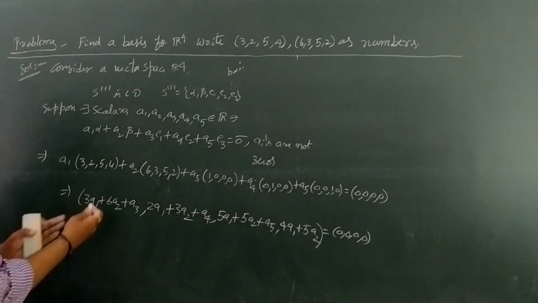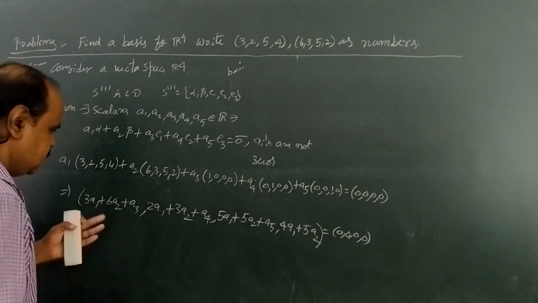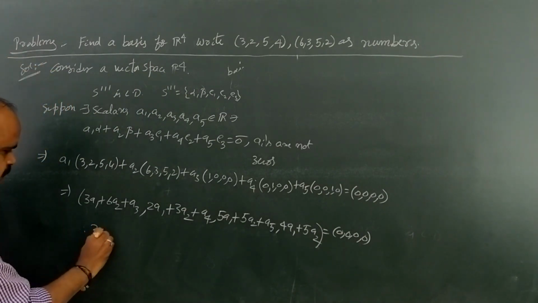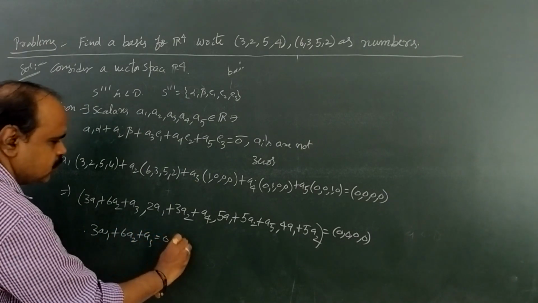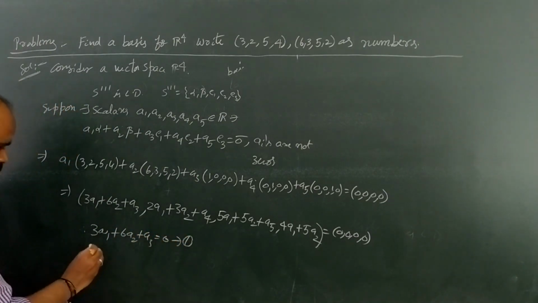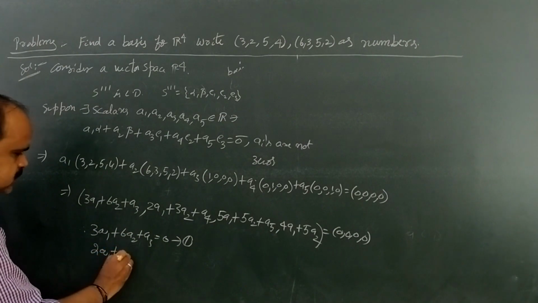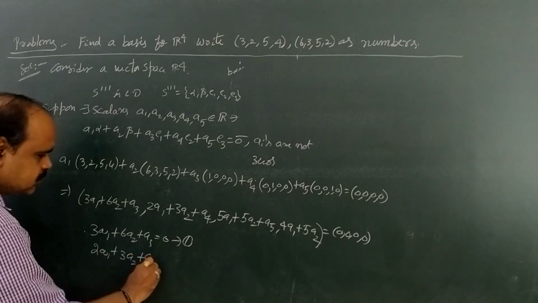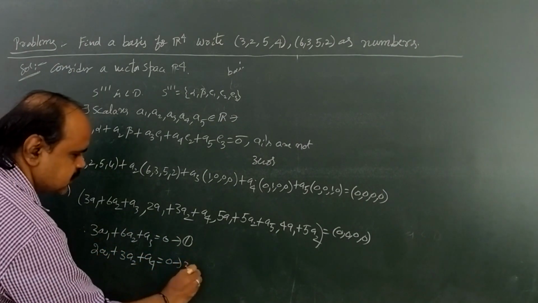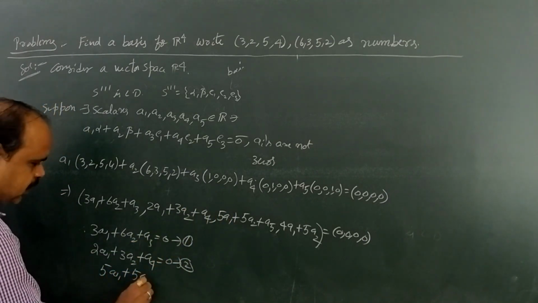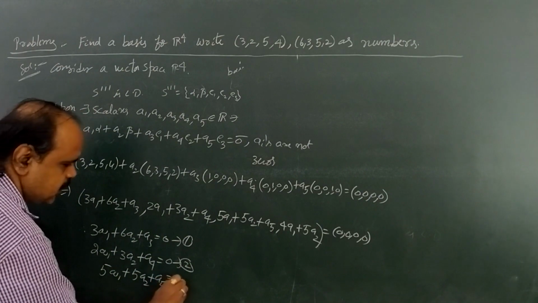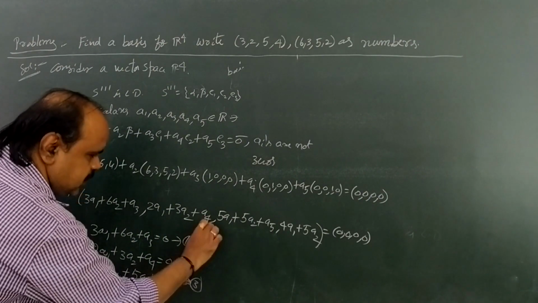Okay. Now equating the four coordinates, we get 3a1 plus 6a2 plus a3 equal to 0. This is the first equation. Next 2a1 plus 3a2 plus a4 equal to 0. This is second equation. Next 5a1 plus 5a2 plus a5 equal to 0. This is third equation.